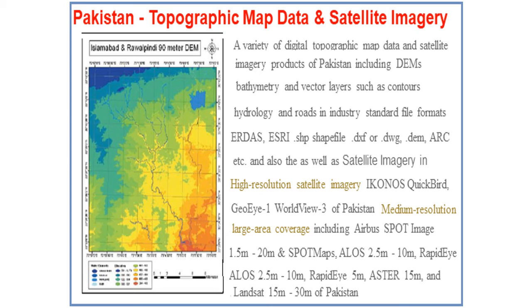So these are the formats mostly available. You can buy this data already for certain areas in Pakistan, as well as high resolution satellite imagery: IKONOS, QuickBird, GeoEye-1, WorldView-3 of Pakistan. So there are some people selling it.